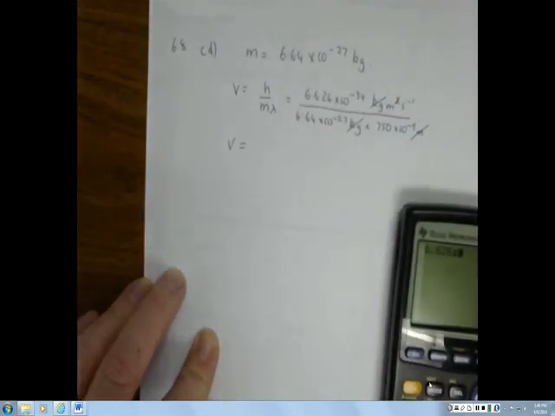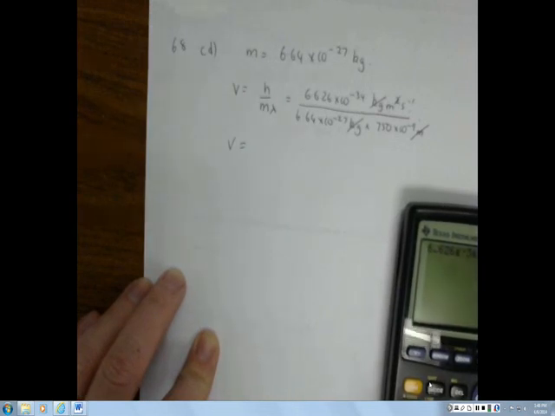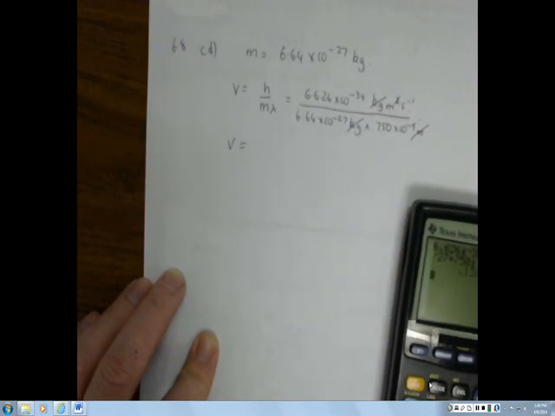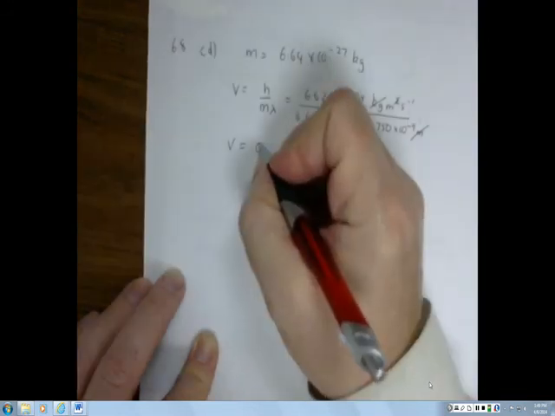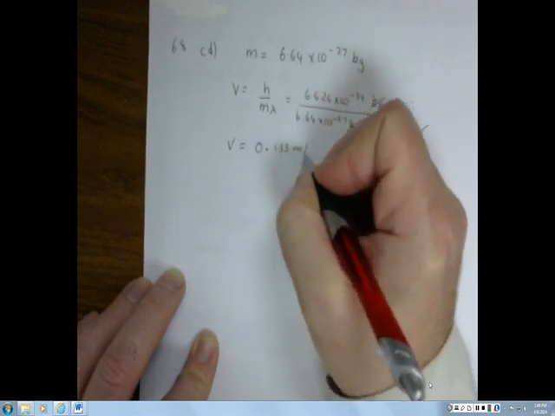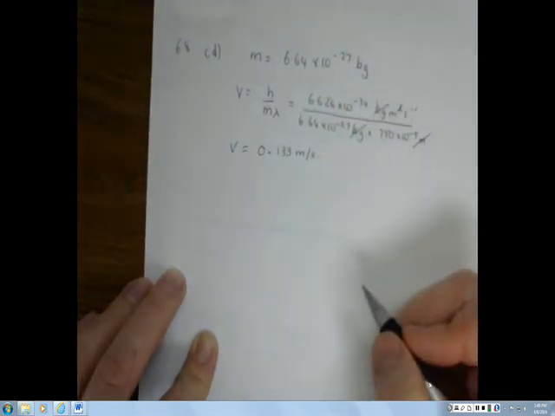6.626, second function e to the minus 34, divide brackets 6.64, second function e minus 27, times 750, second function e minus 9. Okay, and I've got a velocity of 0.133 meters per second.